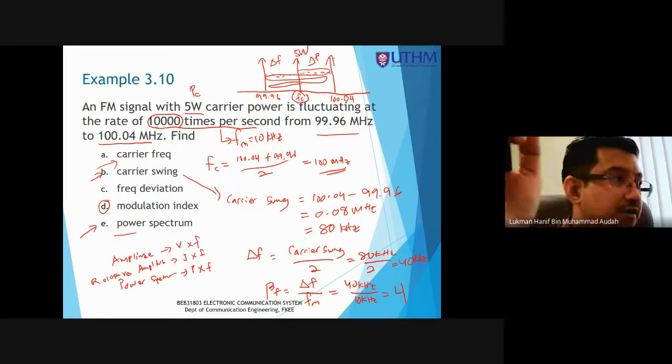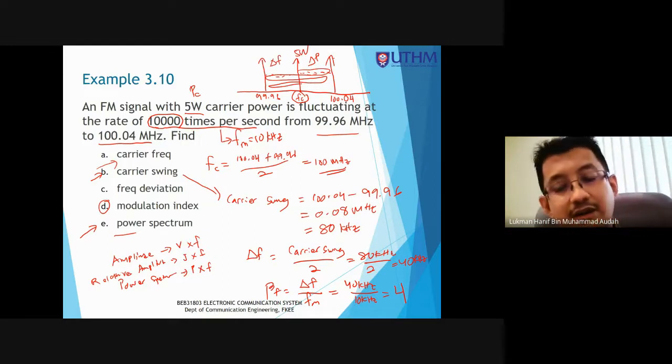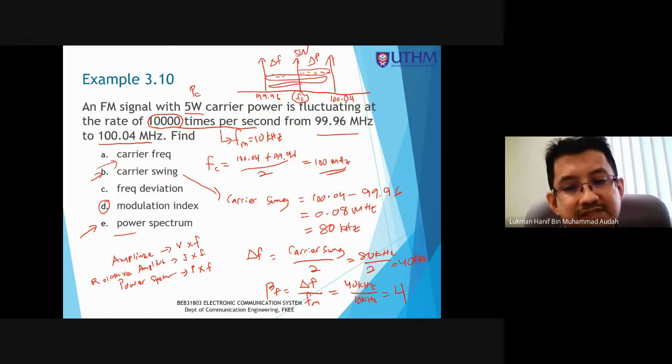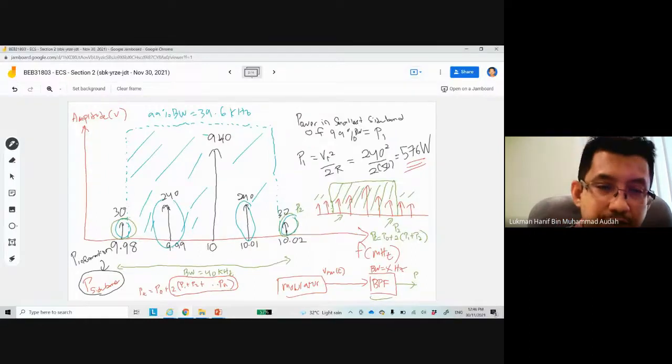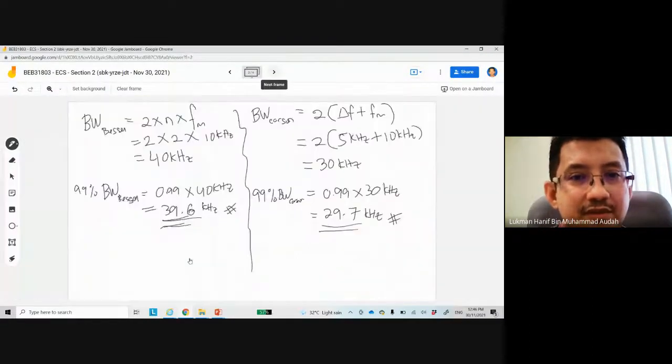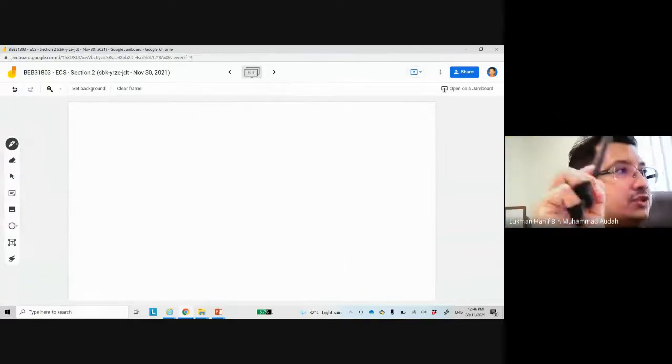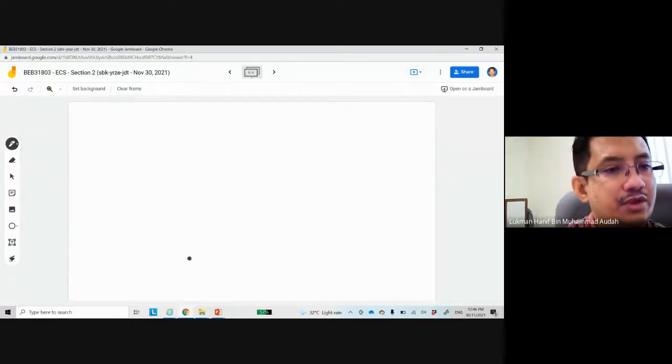And how to do that? Okay, how to do that? We need to refer to the Bessel table. Okay, so Bessel table again lah kita kena pergi kepada whiteboard. So you see that we have parameter beta F is equal to 4.